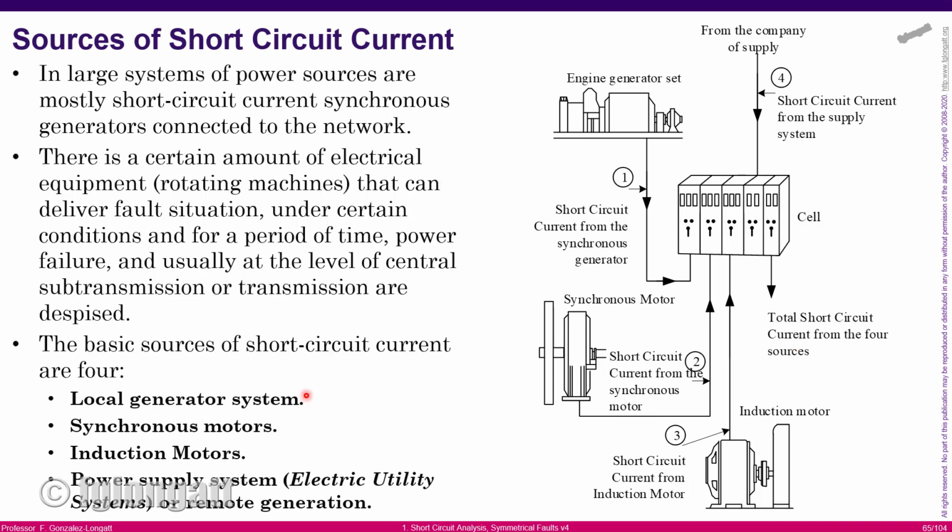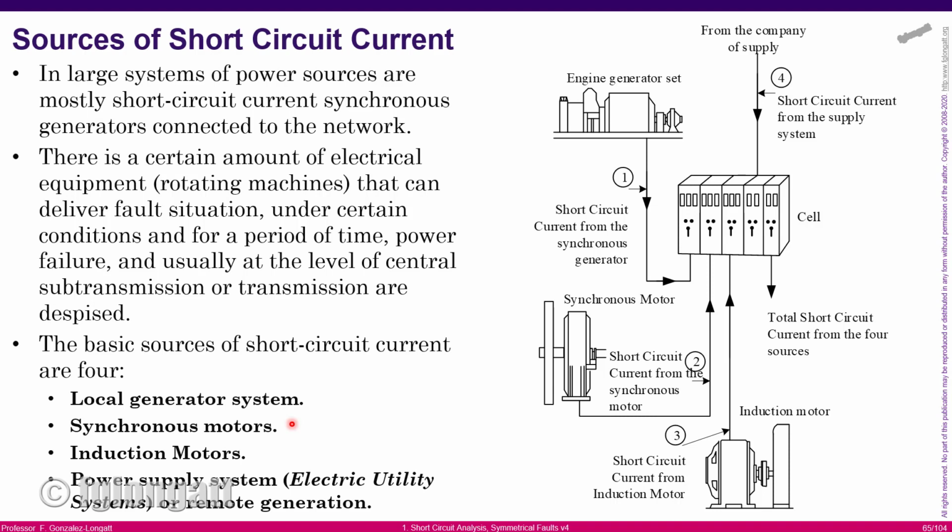Any synchronous generator, any synchronous motor. It could be a synchronous motor or also a synchronous capacitor. Induction motors directly connected to the grid. If you have a variable frequency converter, no. That is another story and it's beyond this basic class about short circuit.